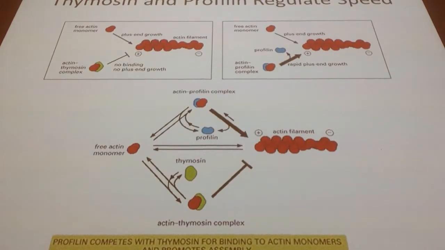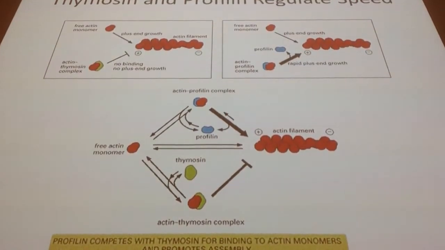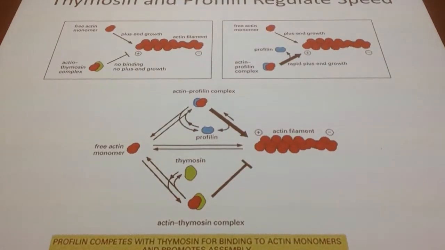Profilin will never ever bind to an ADP-bound G-actin, by the way. That's the first thing. The next thing is an ATP-bound G-actin has the same affinity for both profilin and thymosin. So either profilin or thymosin can bind.